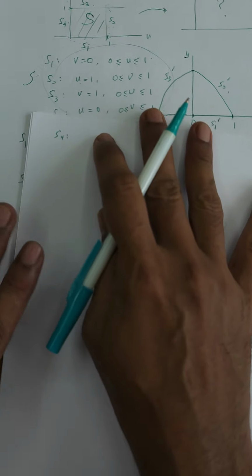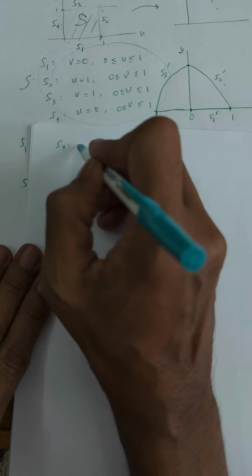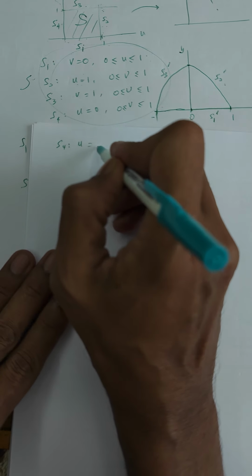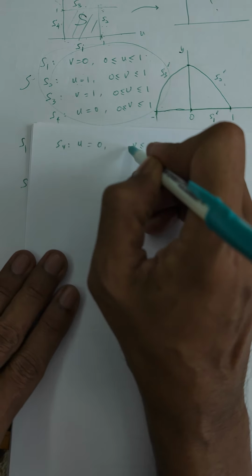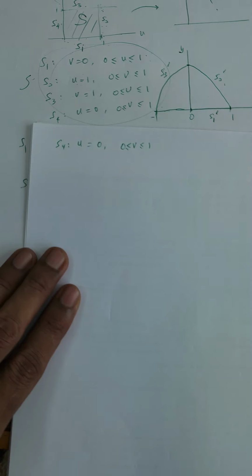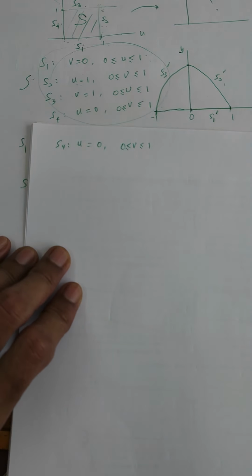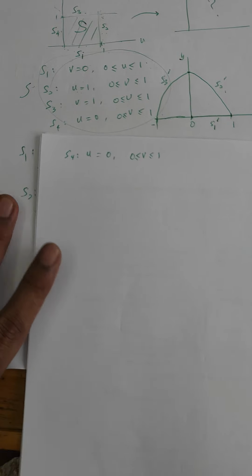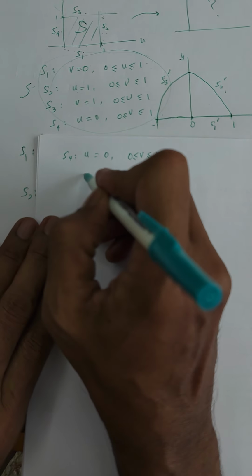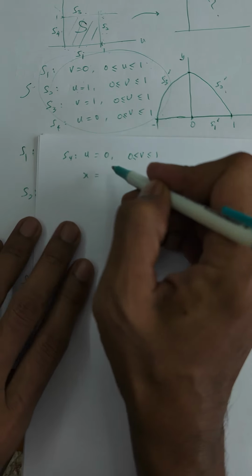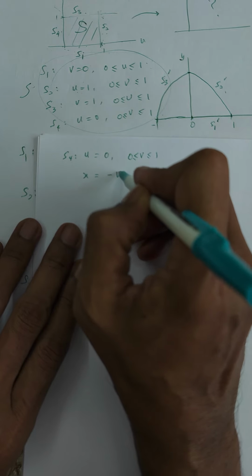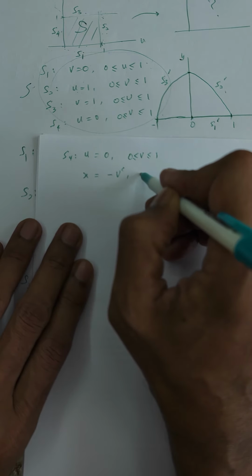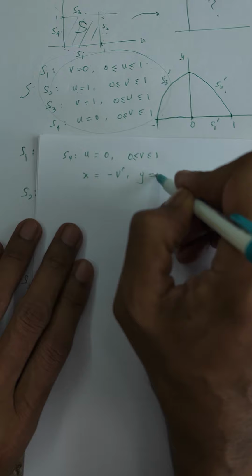For S4 we have U equal to 0 and V from 0 to 1. Okay, so substitute again into our transformation. X equal to minus V squared and Y equal to 0.